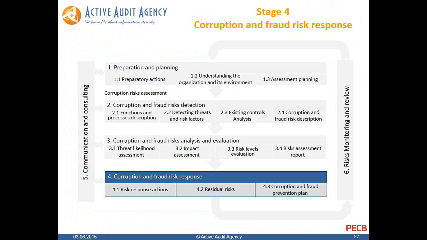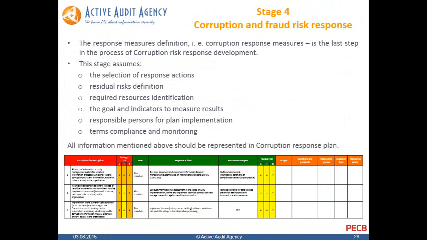After that, finally, we're at stage 4, corruption and fraud risk response. That includes risk response action definition, residual risk evaluation, and corruption and fraud prevention plan development. The main objective at this stage is to develop a corruption and fraud risk response plan.